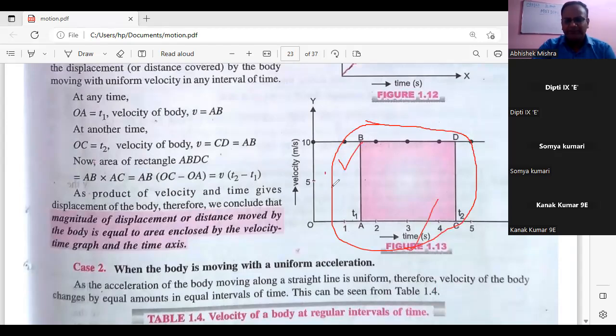AB is equal to V. For getting AC, we can say AC is equal to OC minus OA.